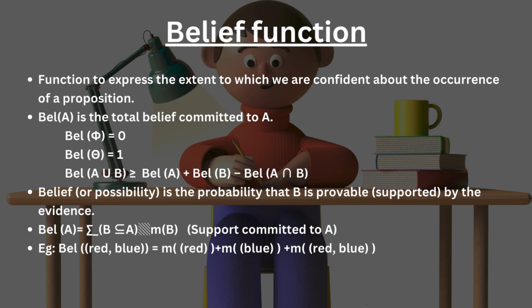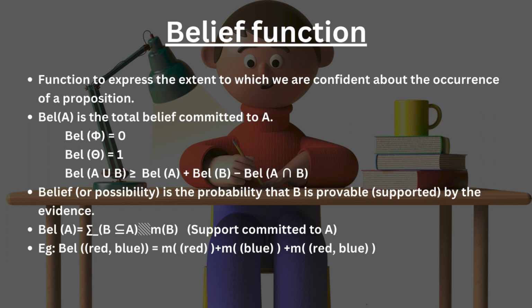So, we can say belief is considered similar to the probability that a proposition is supported by the evidence. Again we will see an example of a car. If we have evidence supporting the proposition the car is red, that is, belief in red expresses how much we believe in this based on the evidence.